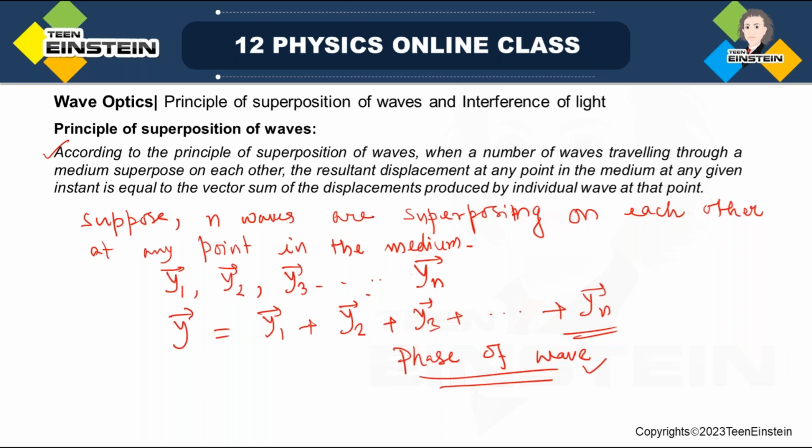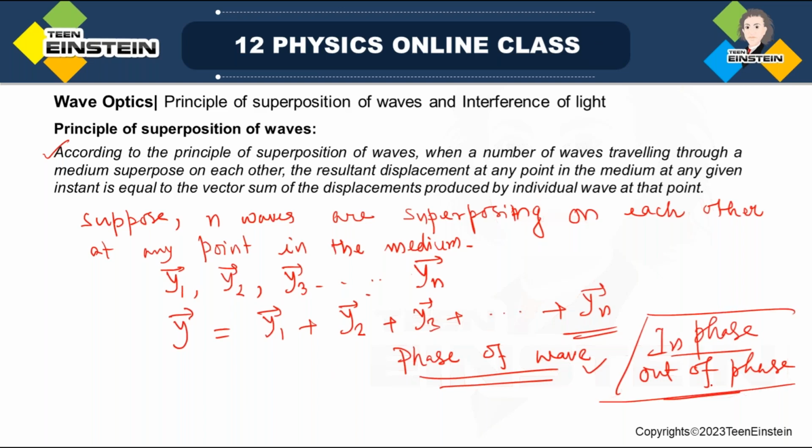So when the waves are superposing on each other, then we need to check whether the waves are superposing in phase or out of phase. So what is in phase and what is out of phase? How do you understand whether the waves are meeting in phase or out of phase? We can understand that by seeing the pattern of the wave.